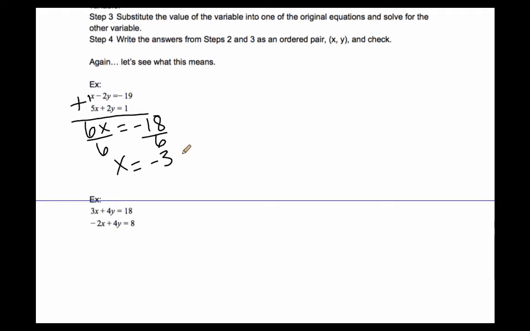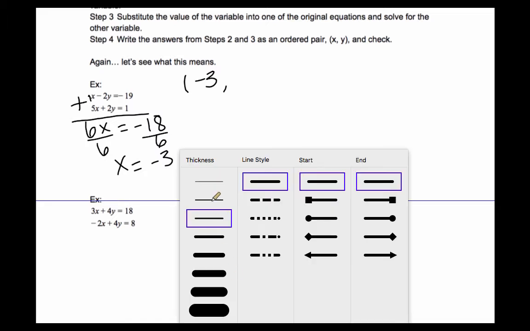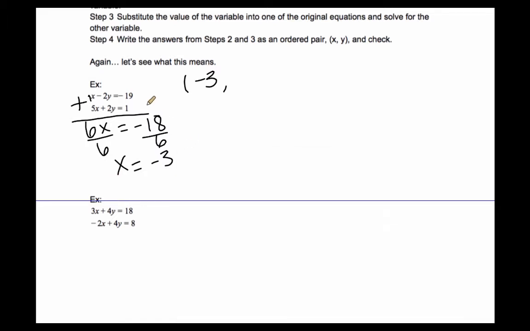Now this is very similar to substitution in that now we have part of our answer. We know the first part of our answer is negative 3, but we're missing the y. So what do I need to do? I need to plug this back in for one of these x's. It doesn't matter which equation I choose. You can pick the first one or the second one. I'm just going to pick the first one.